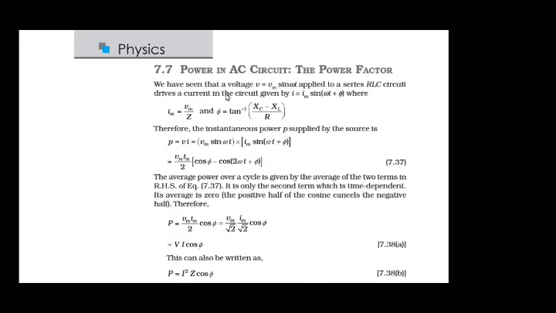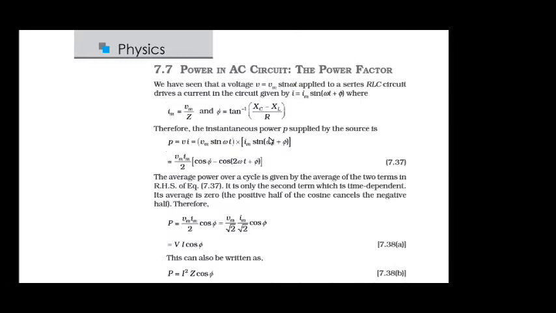We have seen that a voltage v = vm sin omega t applied to a series RLC circuit drives a current in the circuit given by i = im sin(omega t + phi), where im = vm/Z and phi = tan inverse of (Xc - XL)/R. This we have already studied in the previous classes.